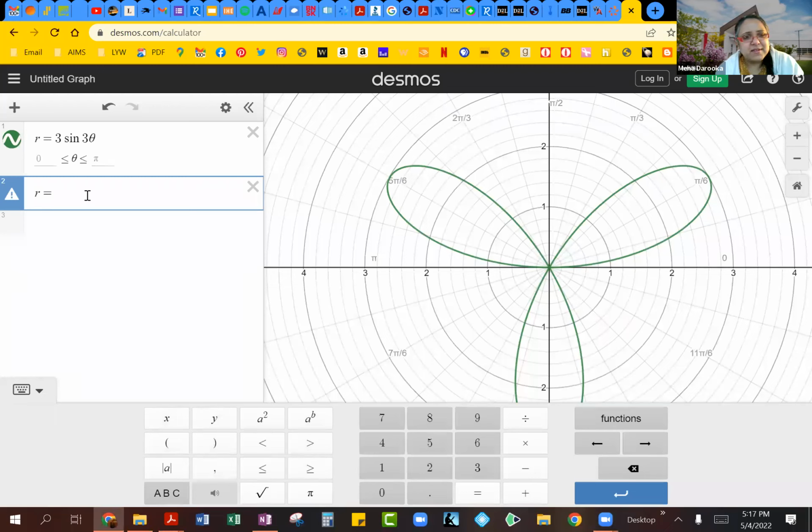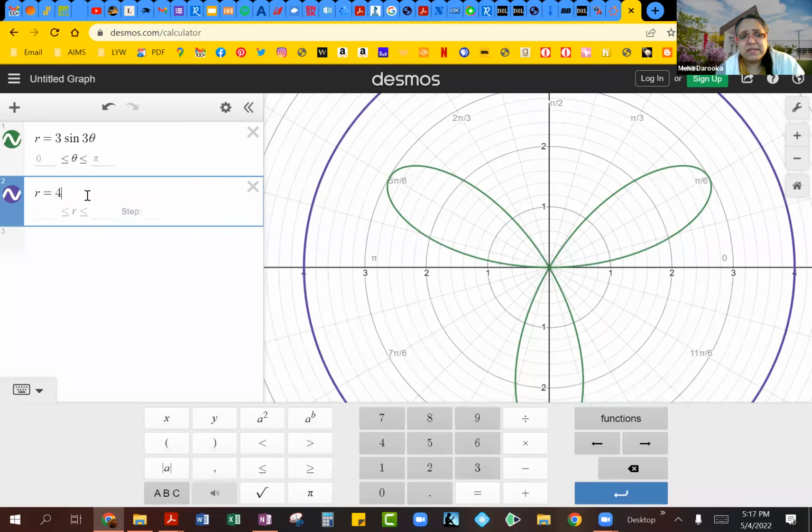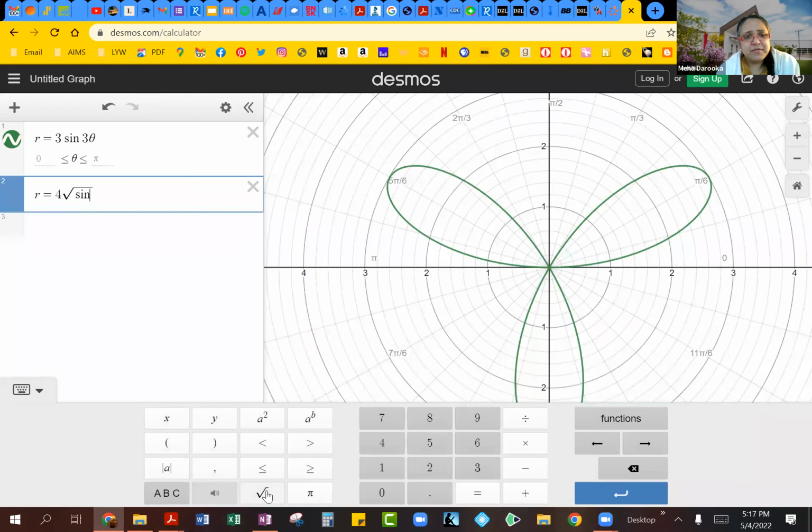We might have to figure this one out. So we know it comes out to be R equals plus or minus 4 times the square root of sine theta. And we will put this from pi.